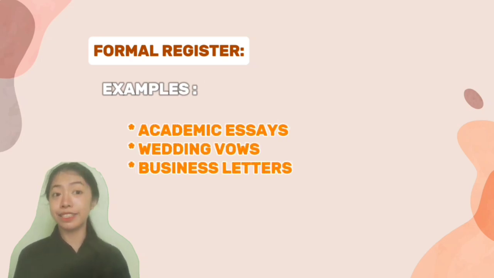The first is an academic essay, a published speech, complex sentences, and precise vocabulary. Another example is wedding vows, an example of extremely formal language that must be said the same way each time. And another example is a business letter, which uses proper grammar, avoids slang or colloquialism, and addresses individuals with courtesy titles such as Mr. or Miss.